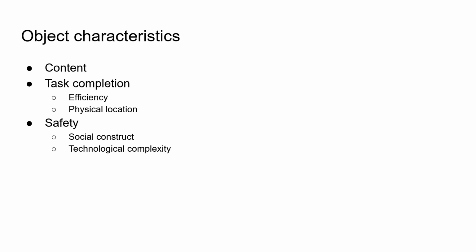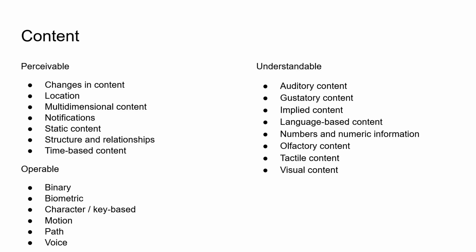Object characteristics are properties of the digital content being presented, such as whether it has audio, numbers, movement, etc. We hypothesize that accessibility needs emerge from the intersection of an object's characteristics with an individual's particular ability that potentially creates an accessibility issue. We divided object characteristics into 3 categories.